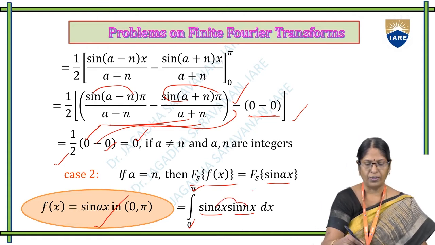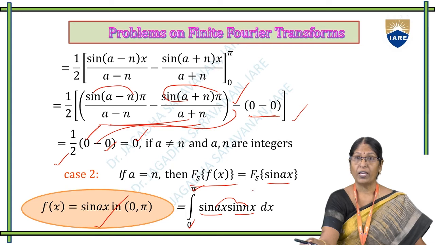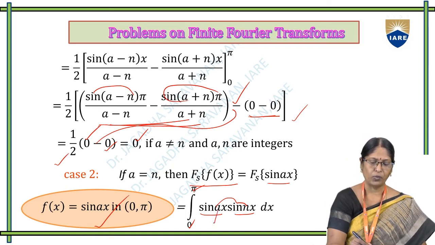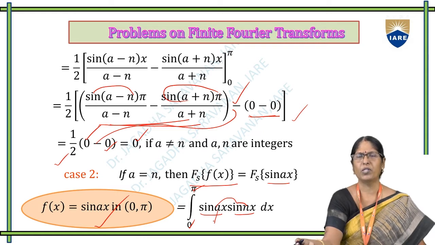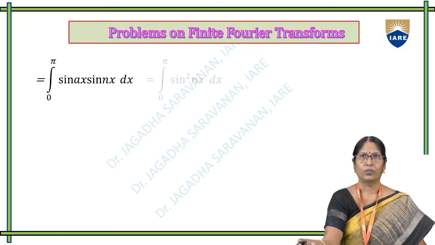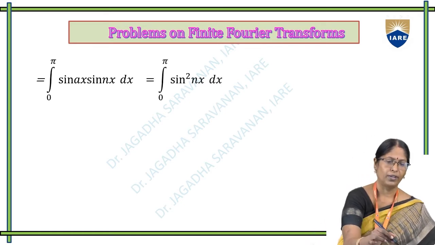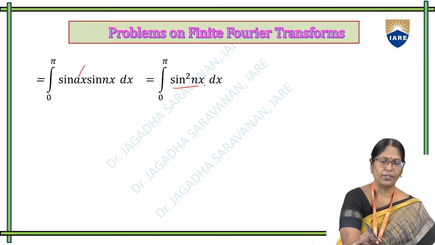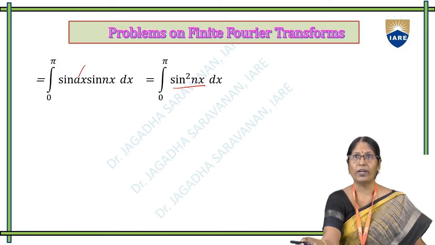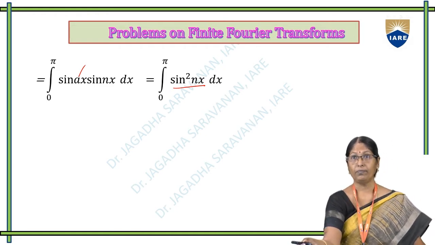If a and n are equal, in place of a we can write n, or in place of n we can write a, both are equal. So we substituted n in place of a, and it has become sine square nx dx.